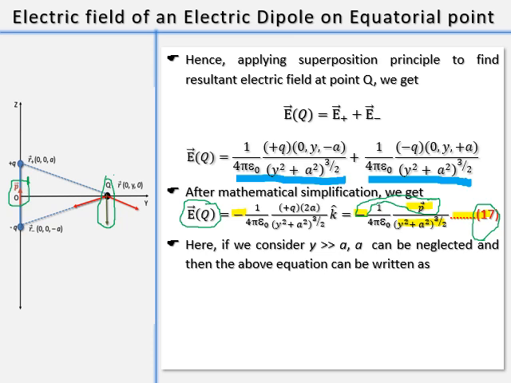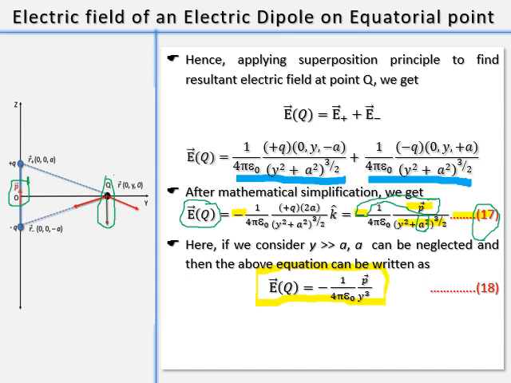So y is very much greater than a. Neglect this a. What if we neglect this a? What will we have then? Okay, neglect a and you will have y square raised to 3 by 2. What is y square raised to 3 by 2? It is y cube. And this is the equation which gives us the electric field of a dipole at some point on its equator at a comparatively large distance.